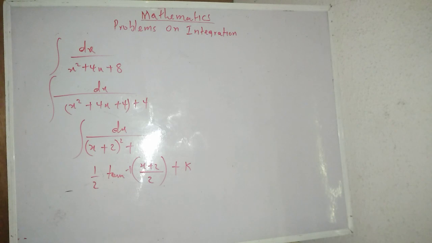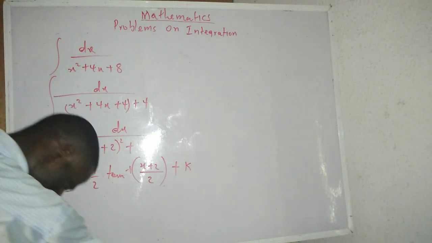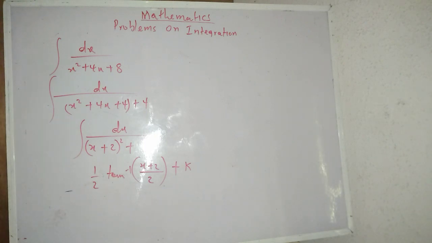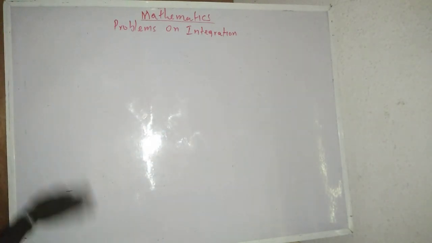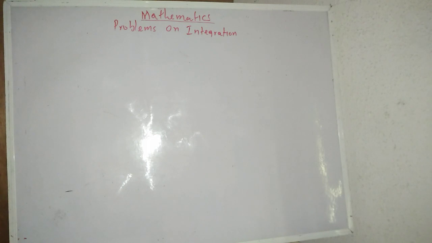That is my final answer. That is how it always is. Now, I have another problem that can come out in another way. Integration is very, very wide, but you have to understand it.